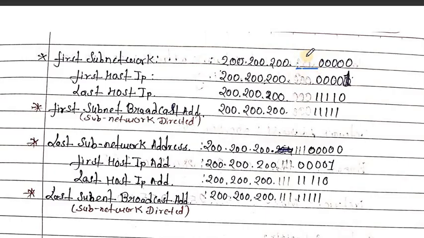From these 3 bits, how many possibilities are there? 2 to the power 3, 8 possible combinations. The first combination is 0 0 0, all 3 bits are 0. So their first network is this, the first IP is this and the last host is this.